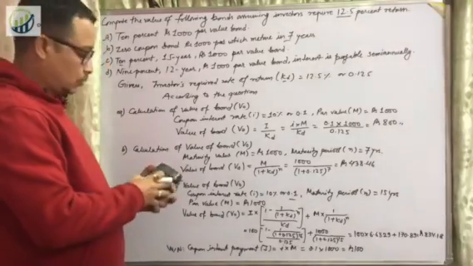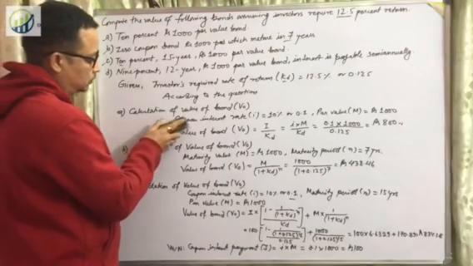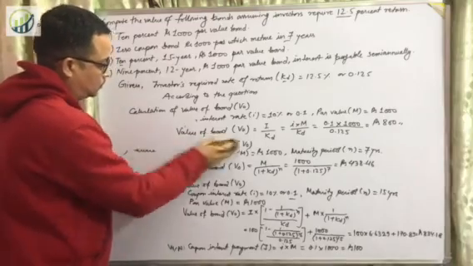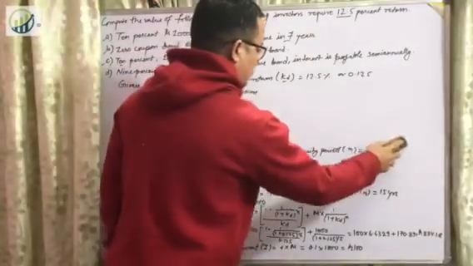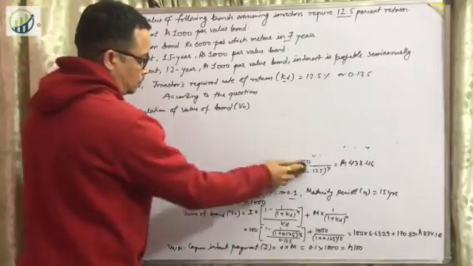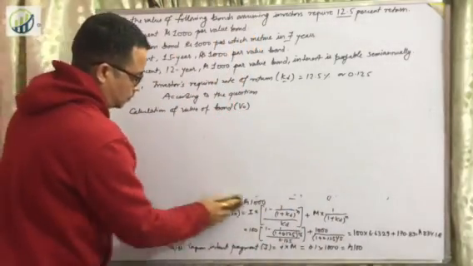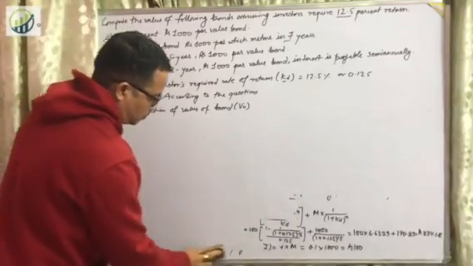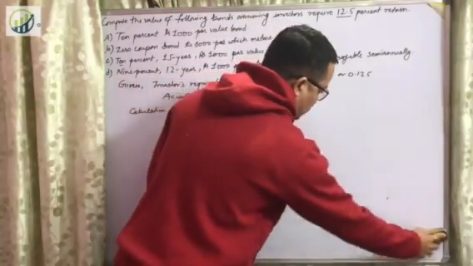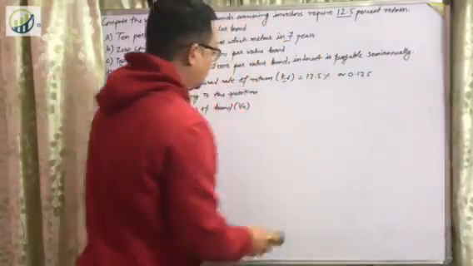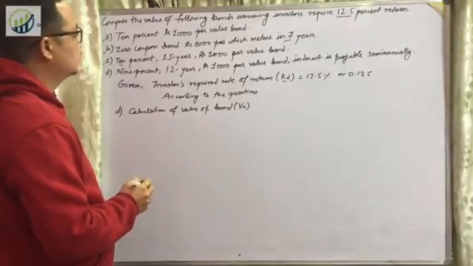So now let's find the value of bond for D. Now for D, calculation of value of bond B0.